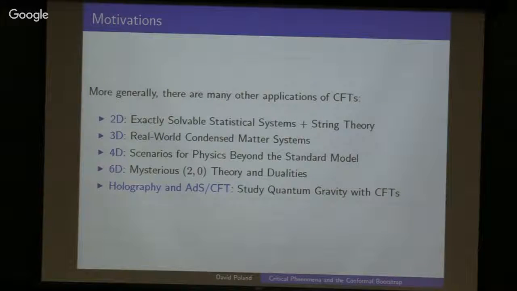There's been a large amount of theoretical work trying to understand the connection between quantum gravity in anti-de Sitter space and conformal field theories. For me, this is a beautiful and enticing concrete motivation to understand what CFTs can do. Because if holography is right, and if we can learn how to make really precise predictions in conformal field theories, then this is going to tell us a lot about quantum gravity. I can say a few more words about this connection towards the end.